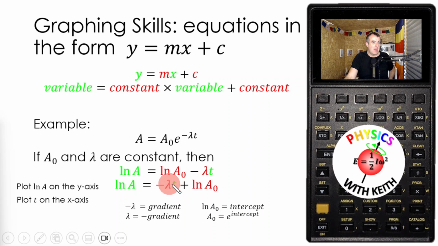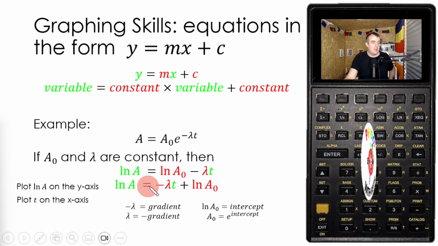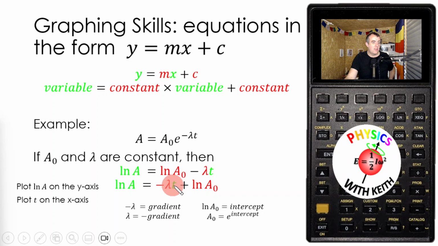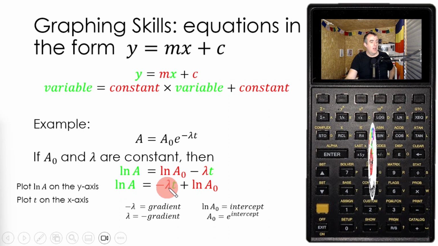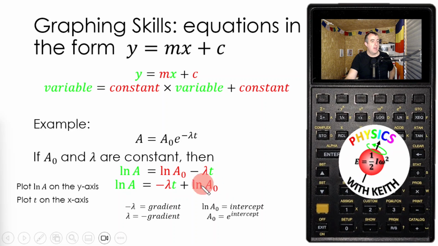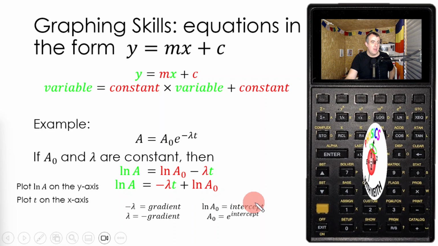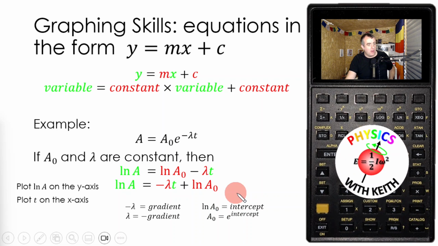Let's just write it the other way round, swap these two around. Plot this on the y-axis equals constant times, plot that on the x-axis, plus constant. Well, minus lambda is the gradient, so lambda is minus the gradient. And natural log of a0 is the intercept, so a0 is going to be e to the power of the intercept.